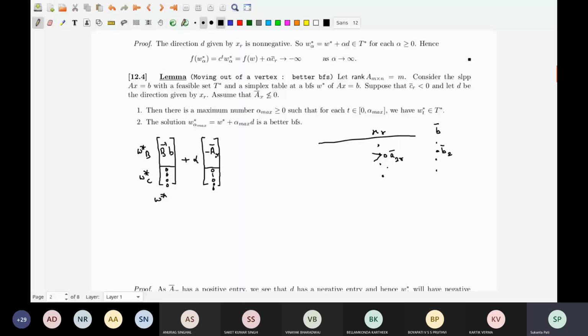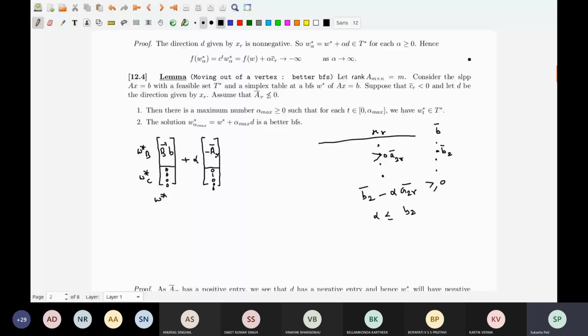I am looking at b2 bar minus alpha times a2r, and I want it to always remain greater than or equal to 0. That means alpha will be less than or equal to b2 bar divided by a2r bar.